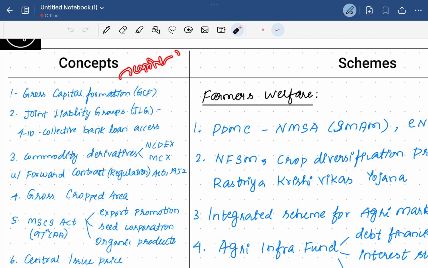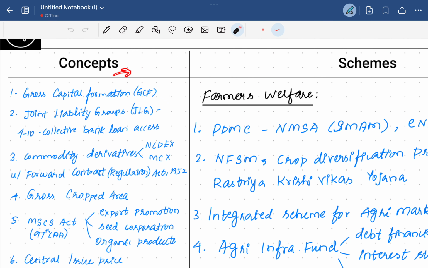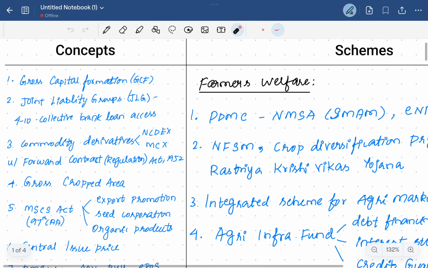For example, under the Pradhan Mantri Gram Sadak Yojana, creating roads and infrastructure, then providing water connection under the Jal Jeevan Mission, then creating public sector enterprise units for the infrastructure. These are some of the capital formation areas which create capital assets.